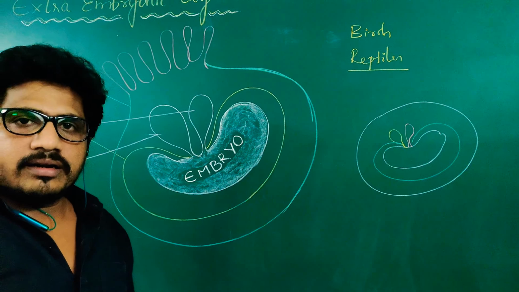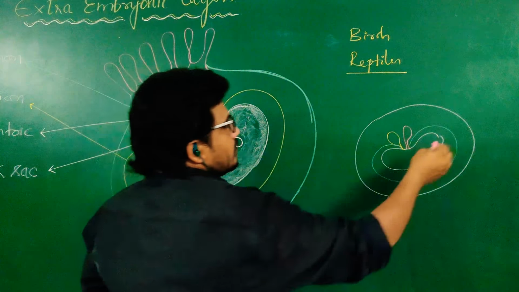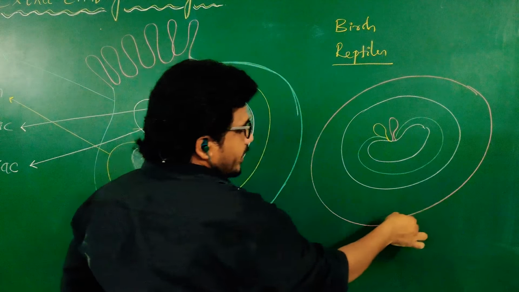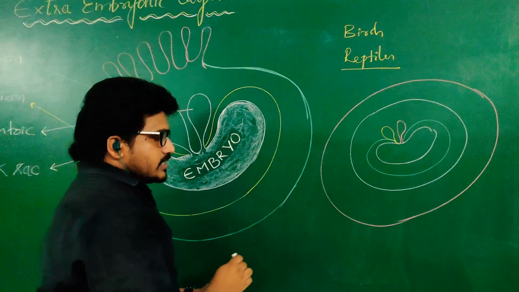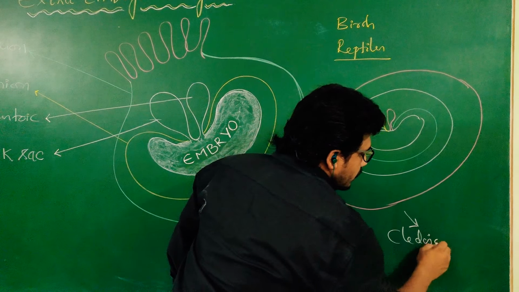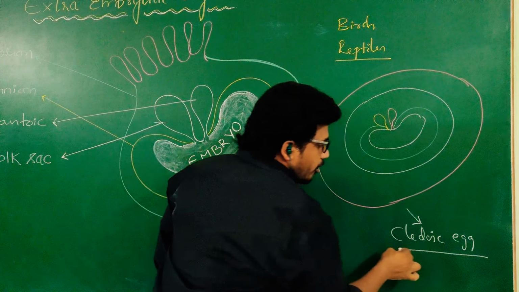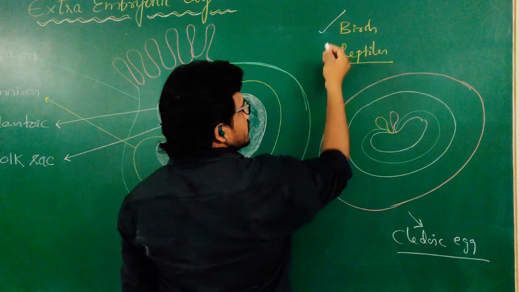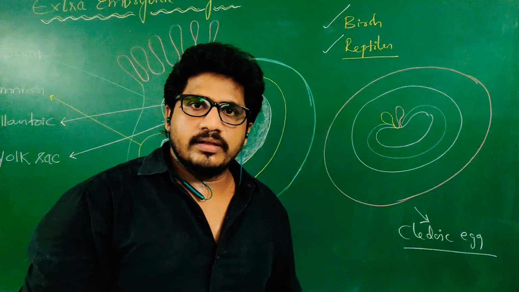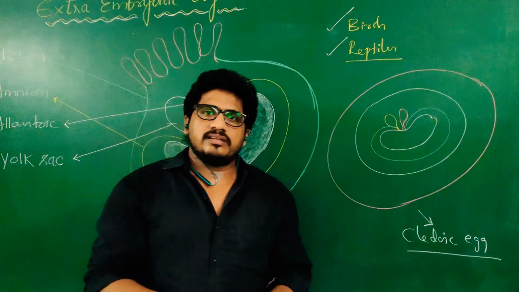All these are covered by a calcium carbonate eggshell. Then it is considered a cleidoic egg. The cleidoic egg is the characteristic feature of birds and reptiles. Why? They are oviparous.